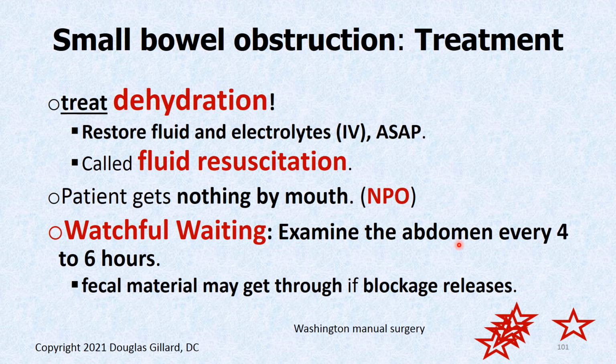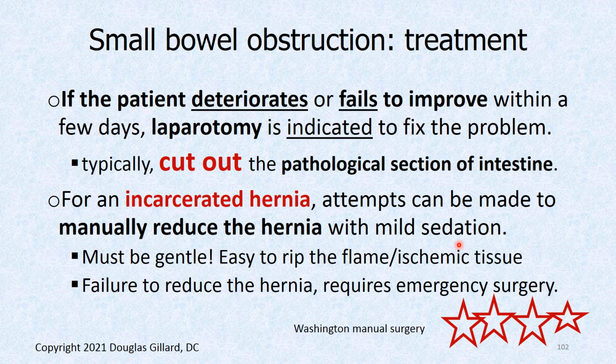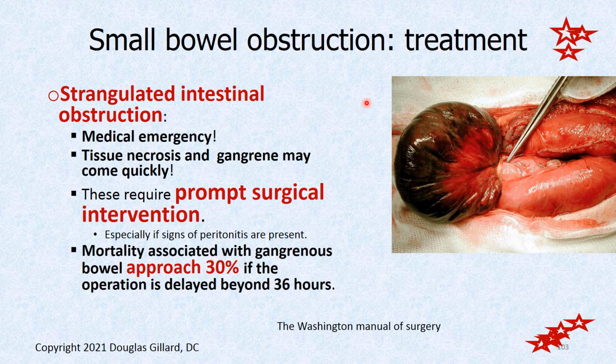If that doesn't work, you're going to have surgery. All right, you have to cut out the dead part or the blocked part of tissue. If it's caused by a hernia, you can try to push the intestine back in. The surgeon can try to do that. Trouble is, the intestine is all inflamed, and you could rip the intestine by doing that and cause peritonitis. So, ultimately, surgery is going to be needed if it doesn't fix itself.